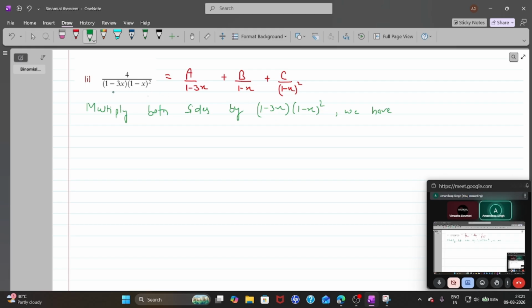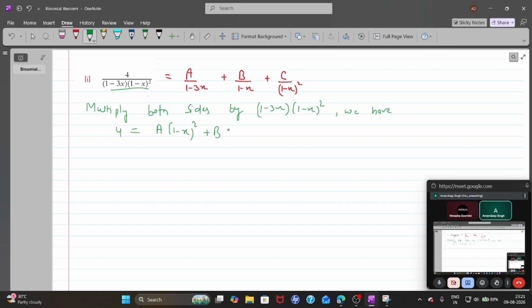No, see, whatever we have to multiply with, I will check the denominator of the left hand side. So I will multiply both the sides by the denominator of the left hand side. Are you getting it? So I will have 4, and if I multiply a by 1 minus 3x and 1 minus x square, I'm left with 1 minus x square only, if you understand it.